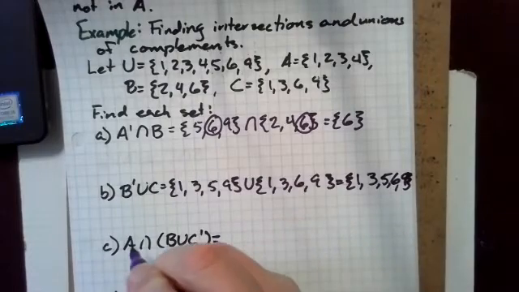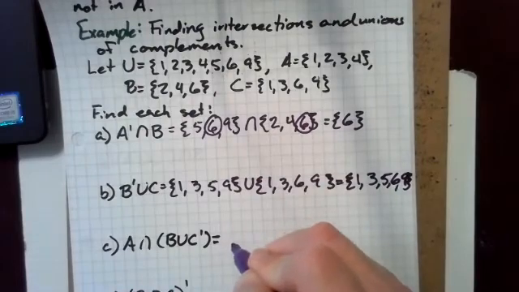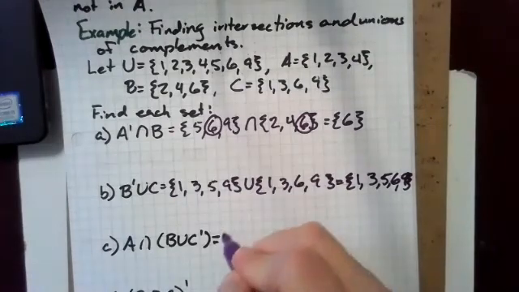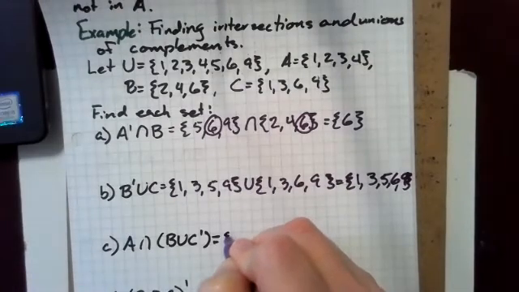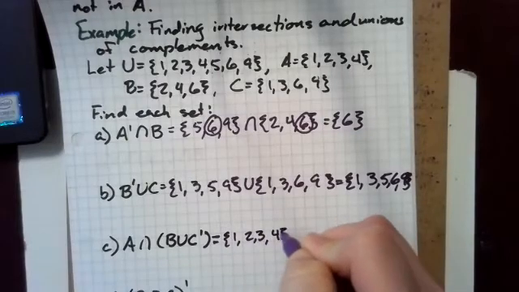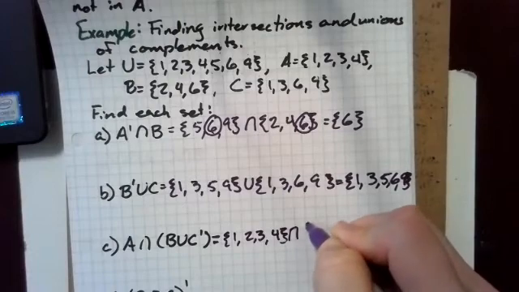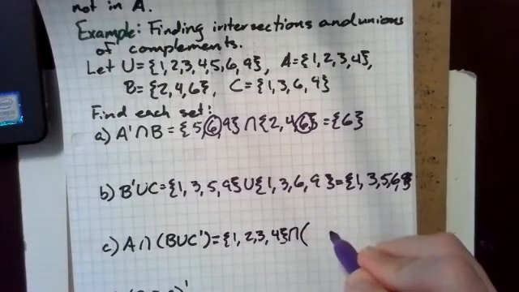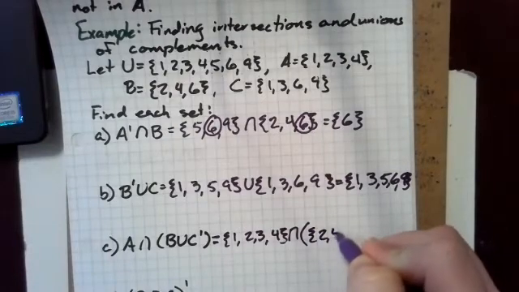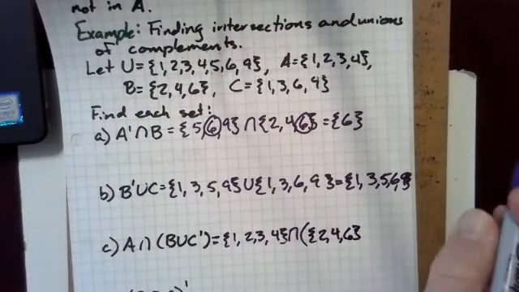Now we take the intersection of A with the union of B and C prime. So we'll start with A, which is 1, 2, 3, 4. And we're going to take the intersection of that with, and we're going to put this in parentheses, B, which is 2, 4, 6, and the complement of C. C is 1, 3, 6, 9.